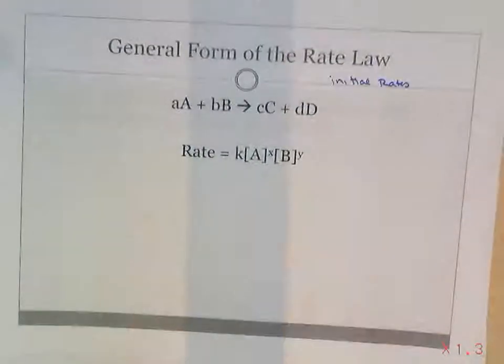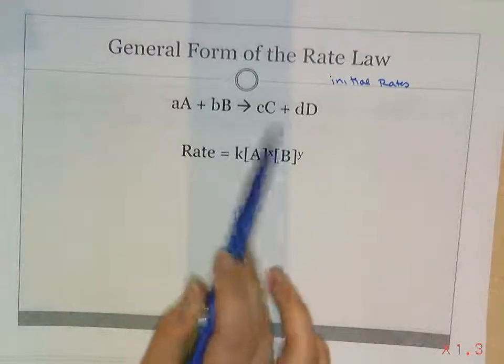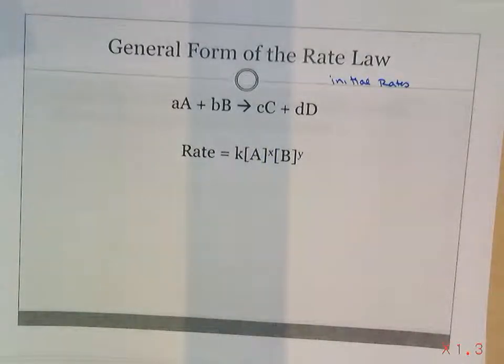What am I looking at in my initial rates? The overall rate, and do I need anything about the products? No. Initial rates only look at reactants. And it's because at an initial rate, at time 0 of your reaction, how much product should be in there? 0. So there's no point in having it in there because there's none.